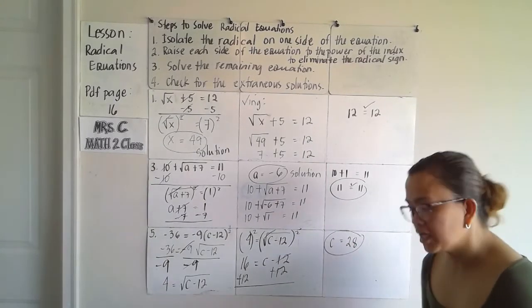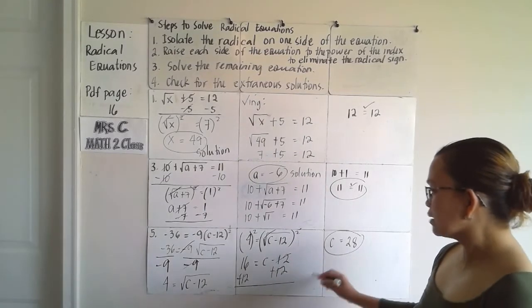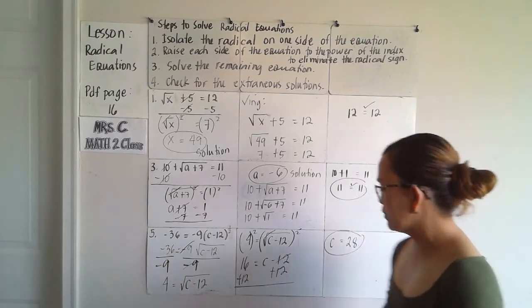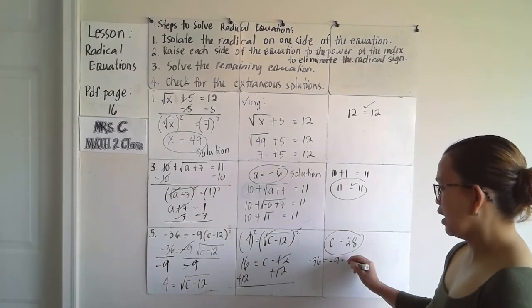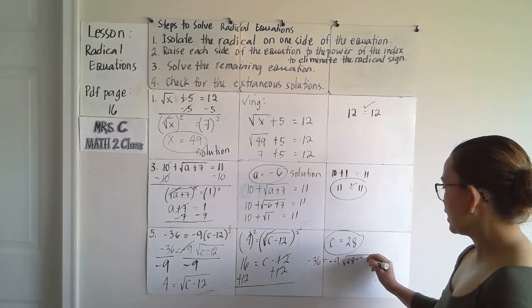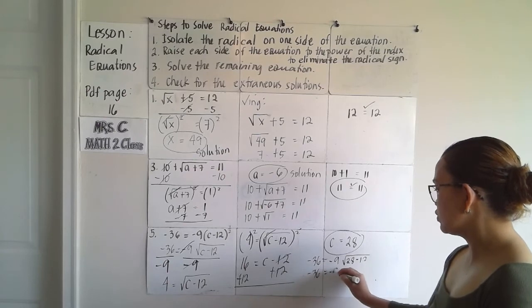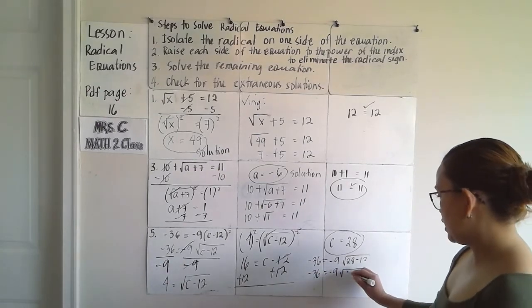Now, let's see if 28 is really a solution or extraneous. Plugging back in, we can use the original equation or this radical form. Negative 36 is equal to negative 9 times the square root of 28 minus 12. What's 28 minus 12? It would be 16.